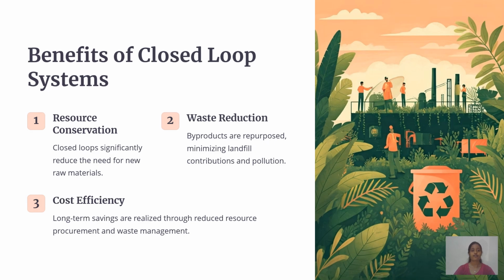So next we have benefits of closed loop systems. So these closed loop systems will offer environment and economic benefits by reducing waste and conserving resources. So it will also lower the cost. So they will help industries to achieve sustainability goals by reusing the materials and reducing the landfill.